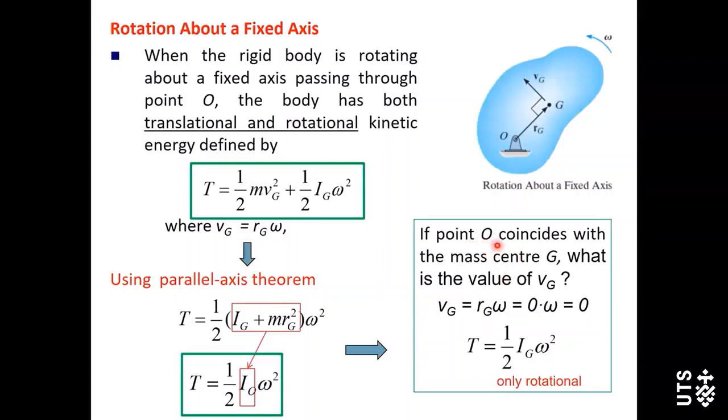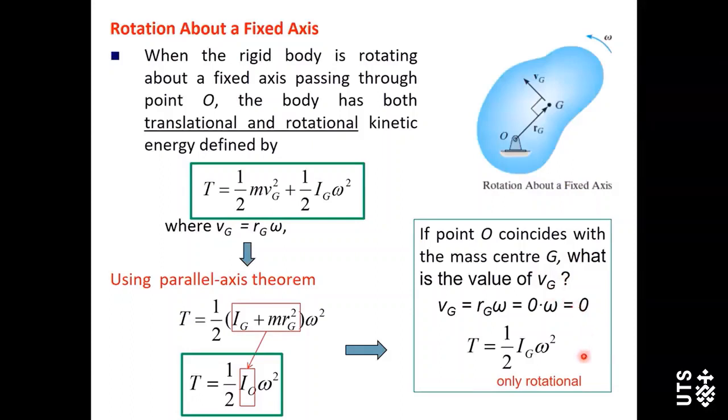If point O, the rotation center, coincides with the mass center point G, that means if the mass center point G is the rotation center, then you know Vg, the velocity of the mass center point G, must be 0.